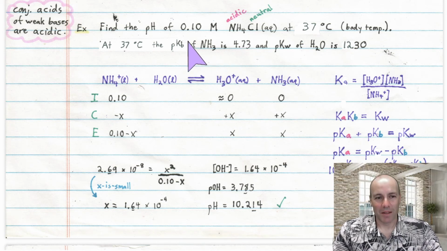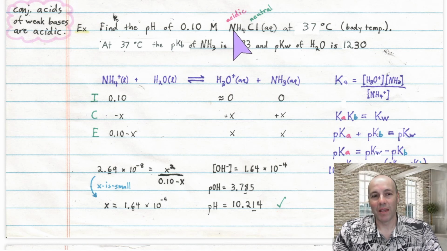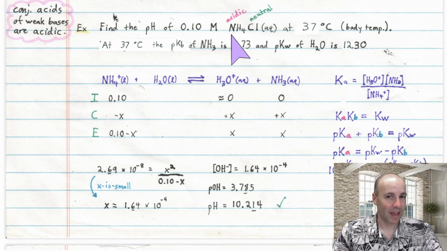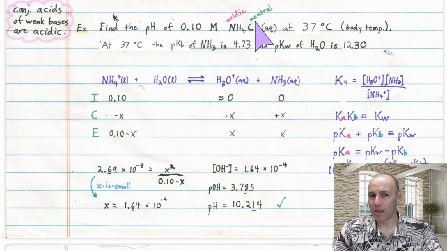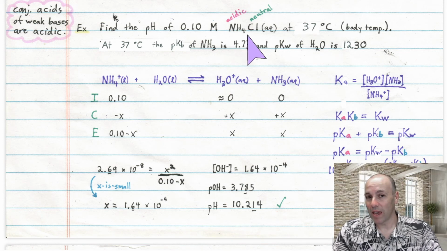And also, the NH4 plus is a weak acid. Last time we were dealing with a weak base, and we had to look up the Ka of its conjugate. Now we're dealing with a weak acid ion, so we need the Kb of its conjugate.